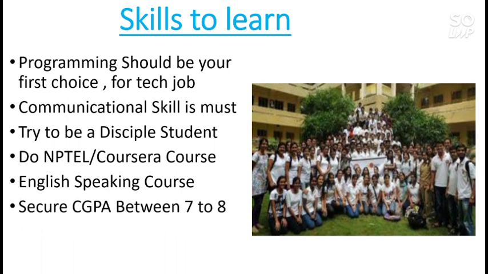So secure a CGPA between 7 and 8, that will be enough. Don't try to get more than a 9 or 10 CGPA, because that will not help much. After all, skill will matter more, because CGPA will only provide you the opportunity, but to get those opportunities you need to have good skills with you.